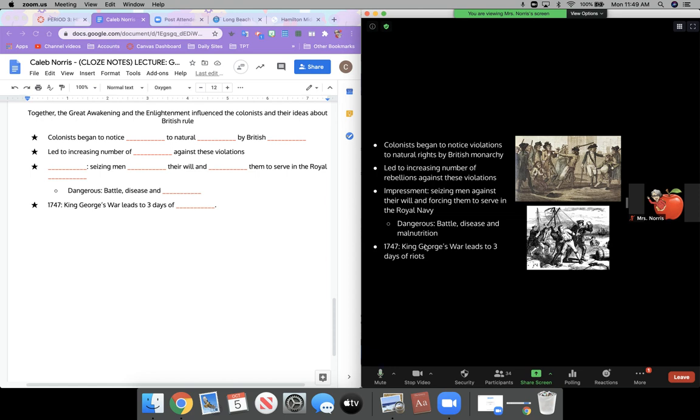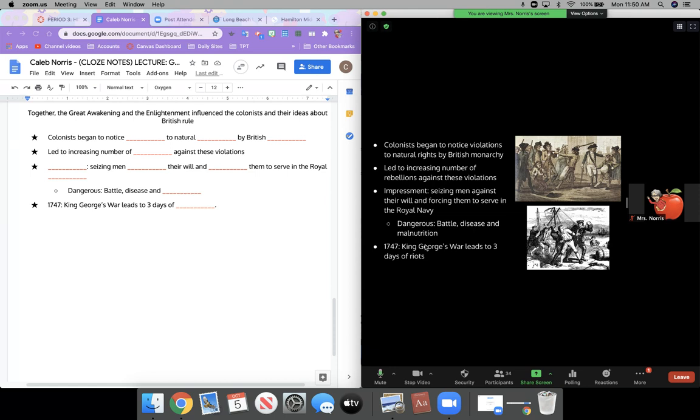Okay. So again, this is something that happened in 1747 where the colonial citizens were fed up with what the British government was trying to do. And so they spoke out by rioting. No different than what's happening right now, right? People are upset with the way that the government is being run. And so what are they doing? They're rebelling. They're protesting. Some of them are rioting. Okay.